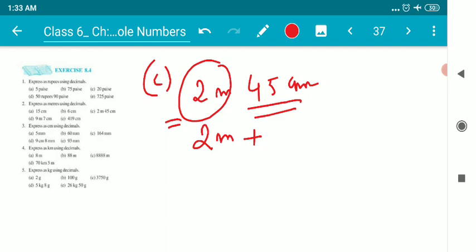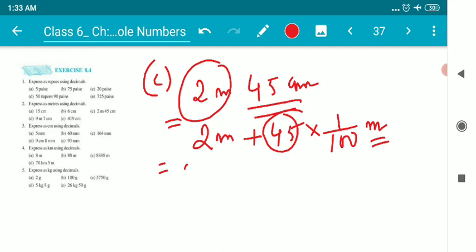If 1 centimeter is equal to 1 by 100 meter, then 45 centimeter means 45 into 1 by 100 meter, because I'm multiplying 45 centimeter with 1 by 100 in order to make it meter.